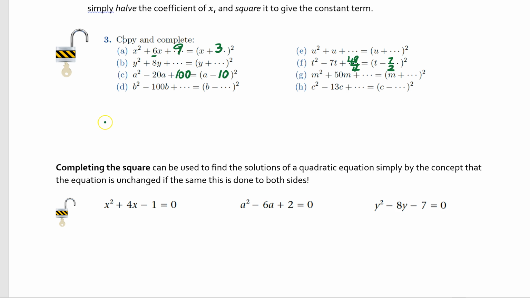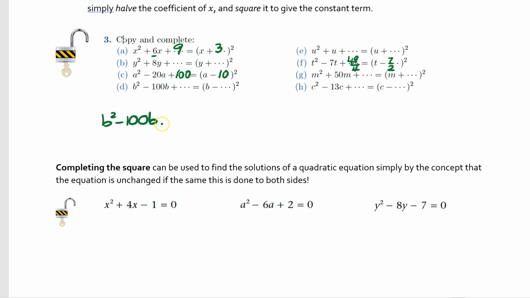But suppose that what I had was something like this, b squared minus 100b. What I can do is to use the technique of completing the square to just write this in a different way, and the reason I would do that is because it gives me another way of solving quadratics.